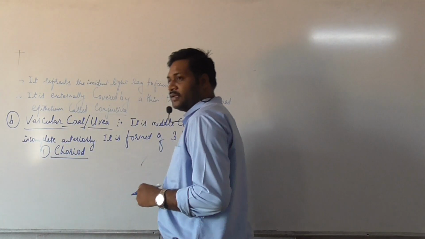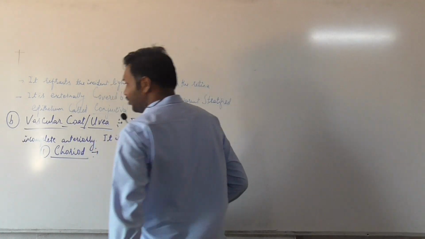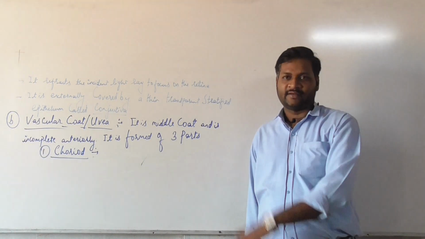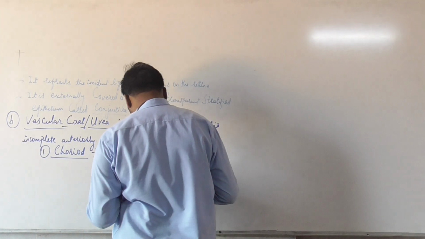Okay, that is the first part, which is the choroid. Now, what is choroid basically? It is also a type of protective layer. That is the second coat, the vascular coat, of which choroid is a part.